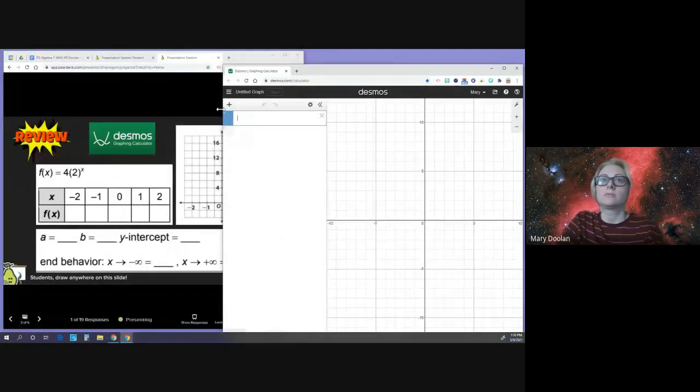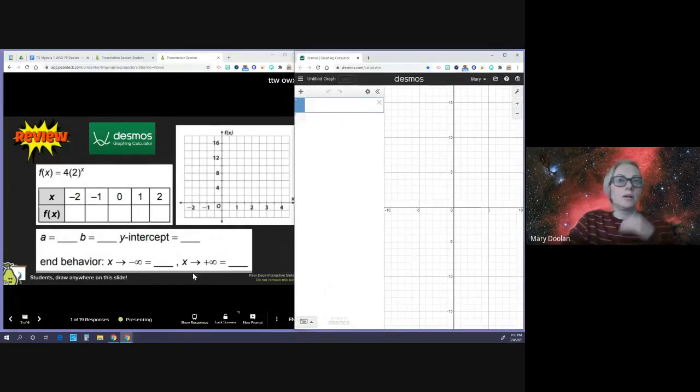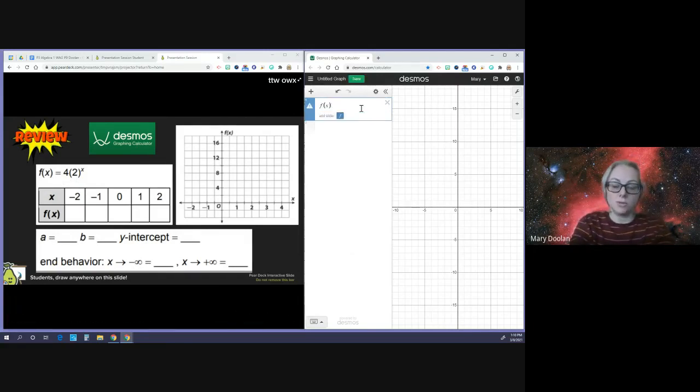Actually, okay, so I kind of have my slides, my screen split here. So here's our function, f of x equals 4 times 2 to the x power. So that's what you need to type in over here. Everyone needs to do that. f of x equals 4, open parenthesis, 2, close parenthesis.